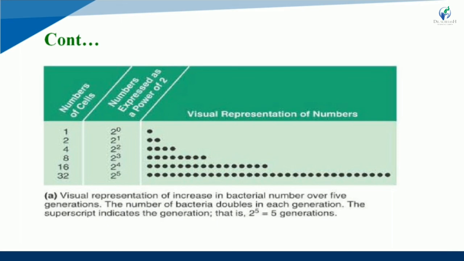The number of bacteria doubles in each generation, and the superscript indicates the generation, so 2 to the power of 5 is equal to 5 generations.